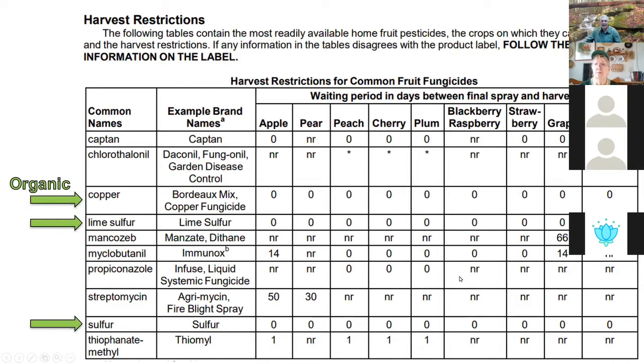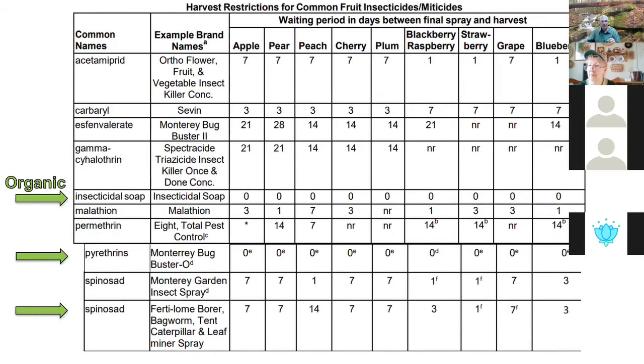So how many days you need to wait before you harvest those fruit. Now you notice most of these are 0 or there's no recommendation, but some of them may have recommendations as high as 6, 14 days, 50 days, 30 days. So depending upon what you're using, know what the recommendation is for the post-harvest interval.